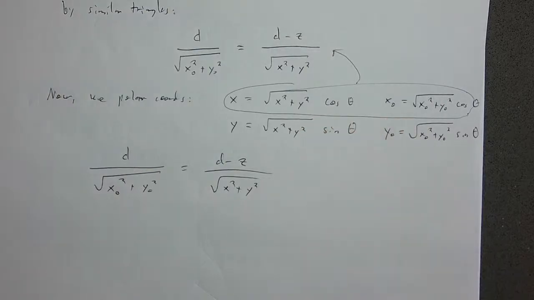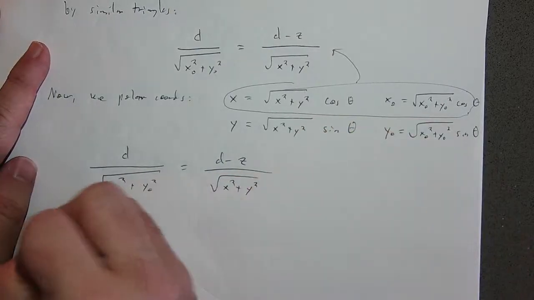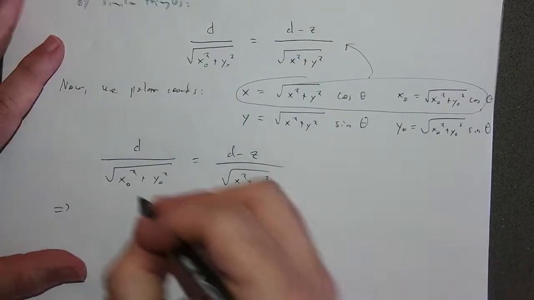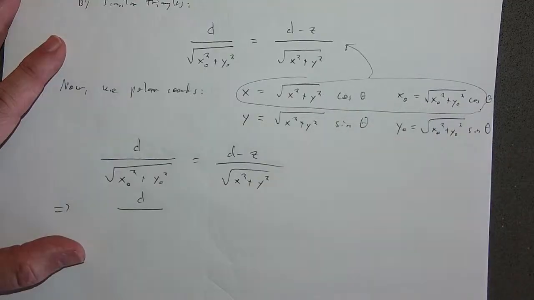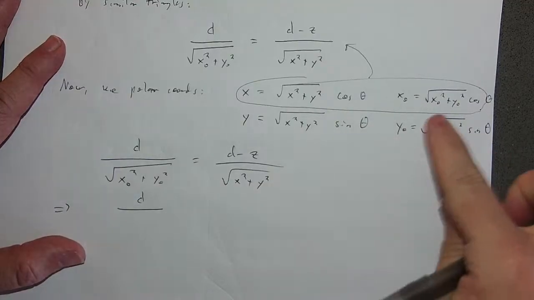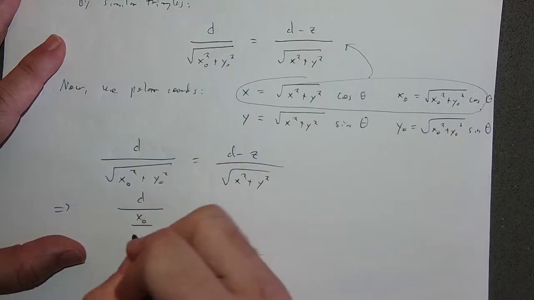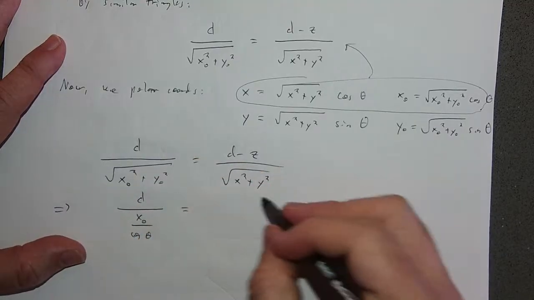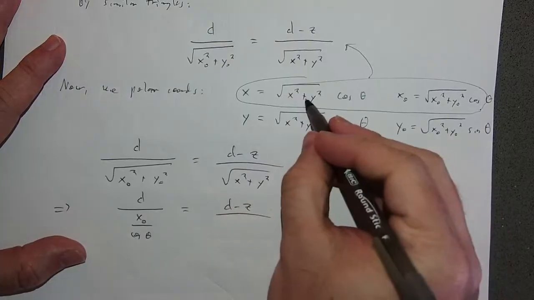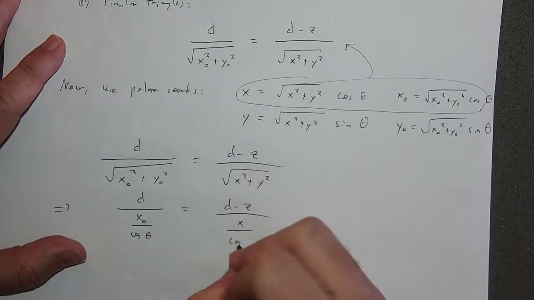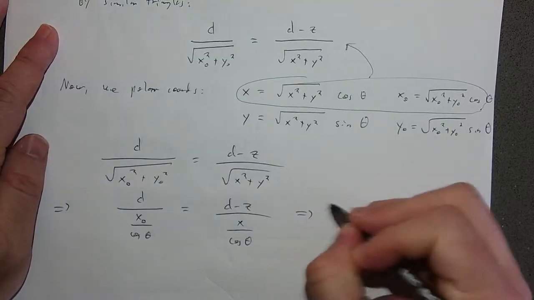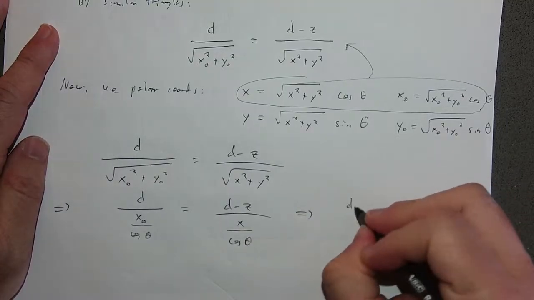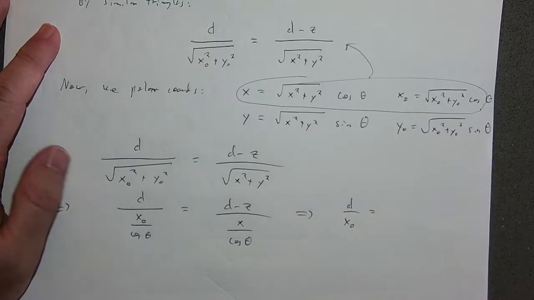Using these two things, I'm solving for these things here, so this would be d over x naught over cosine theta, and that is equal to d minus z over, similarly here, x over cosine theta. Clearing out the cosine thetas, simplifying this, what do I get? I get d over x naught is equal to d minus z over x.